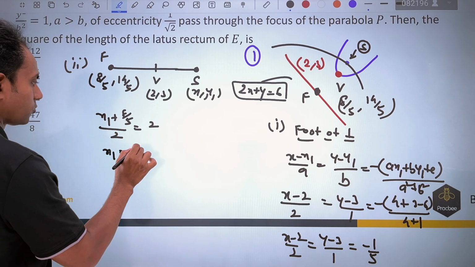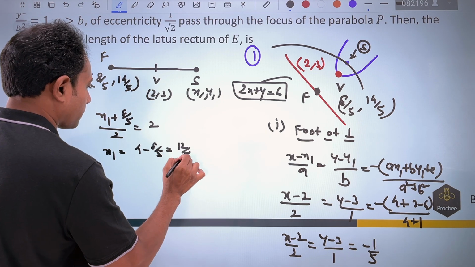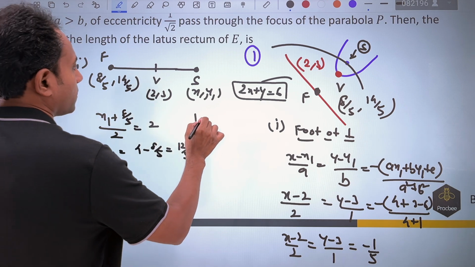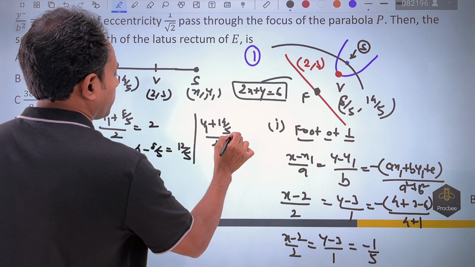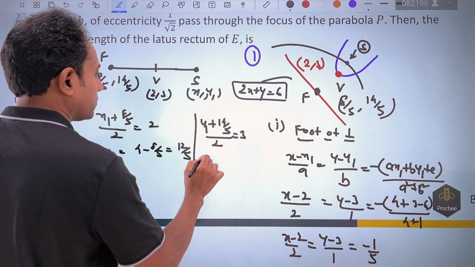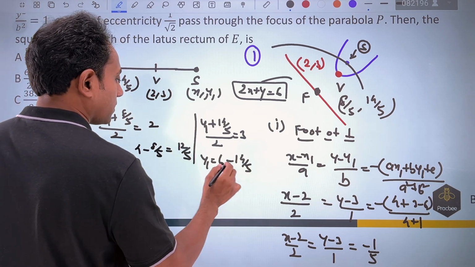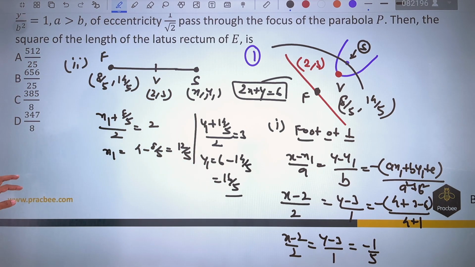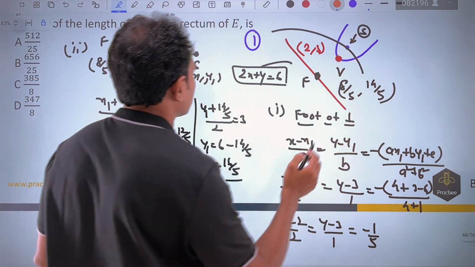So x1 comes out to be 4 minus 8 by 5, which is 12 by 5. Similarly, on the y coordinate, (y1 plus 14 by 5) divided by 2 will be equal to 3. So y1 is 6 minus 14 by 5, which is 16 by 5. Now we have got the focus. And obviously check my calculation.